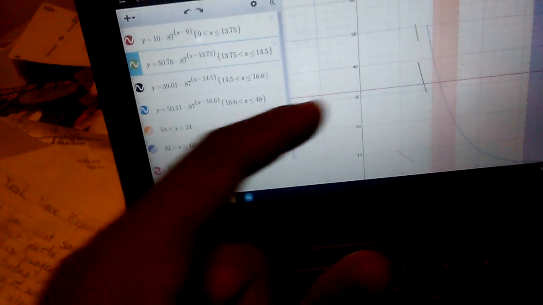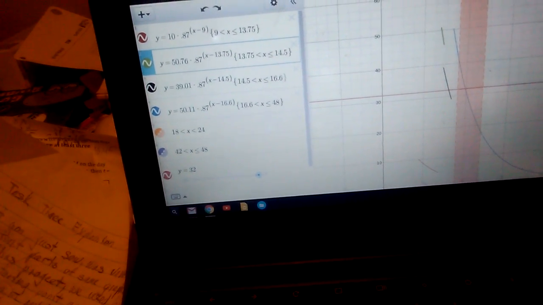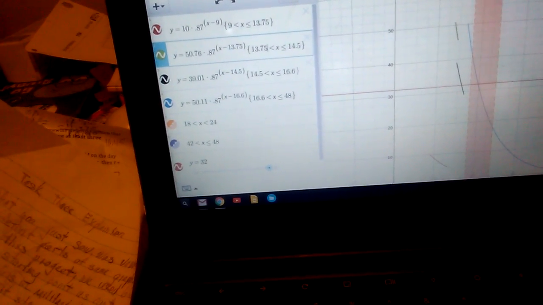Anyway, just like the previous two inequalities, the x is greater than the third hour, but it has to be less than or equal to the next hour.